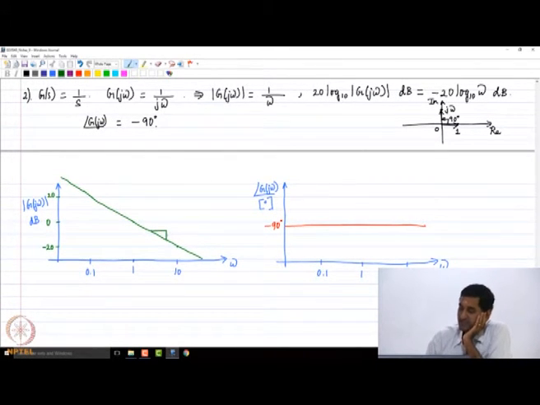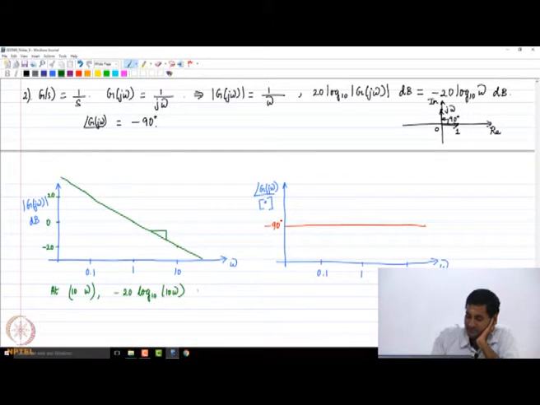The way we calculate the slope is the following. The function under consideration is minus 20 log omega. Let us say at 10 omega, what are we going to get? We are going to get minus 20 log to the base 10, 10 omega decibels.